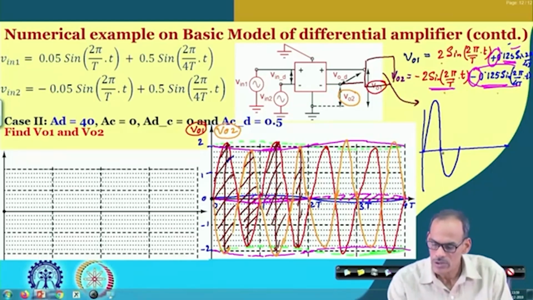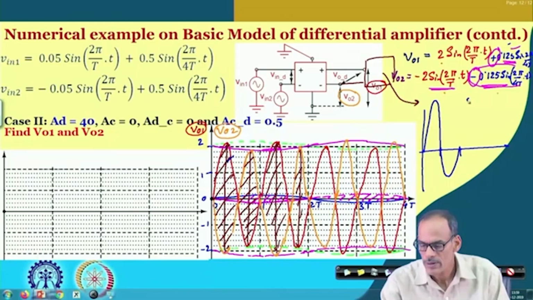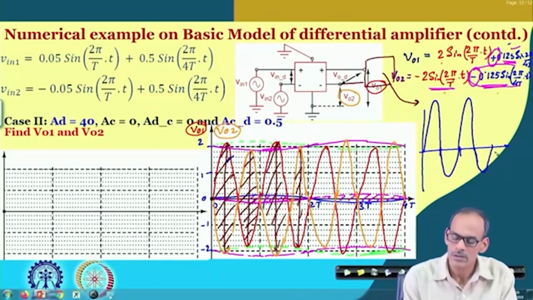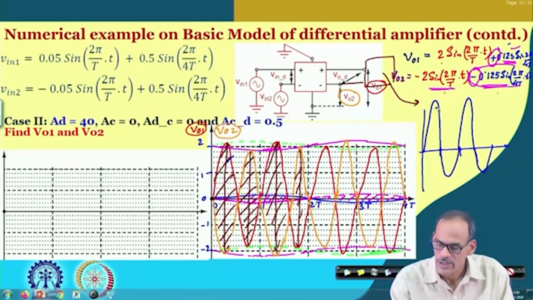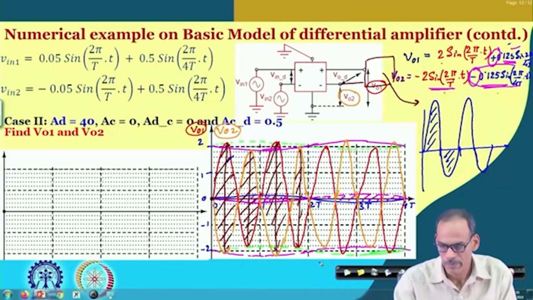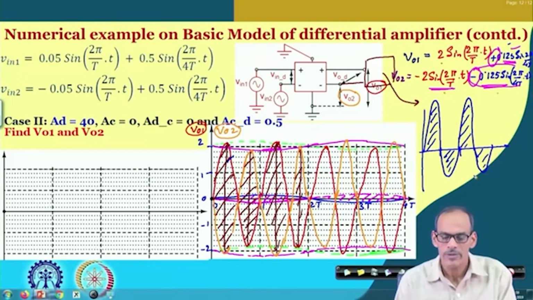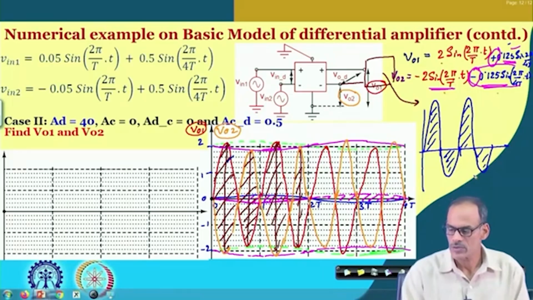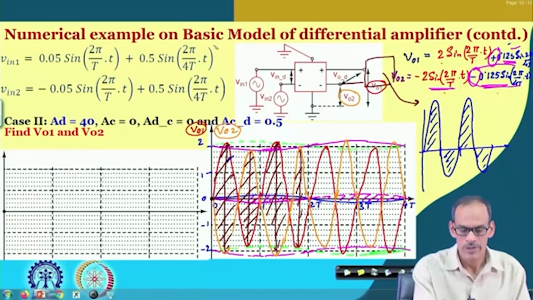But the time period, if you see here and here, is the same. So, obviously, this is giving us some distorted signal, and naturally the signal we are getting here is not purely sinusoidal. It is having distortion coming due to this unwanted signal.